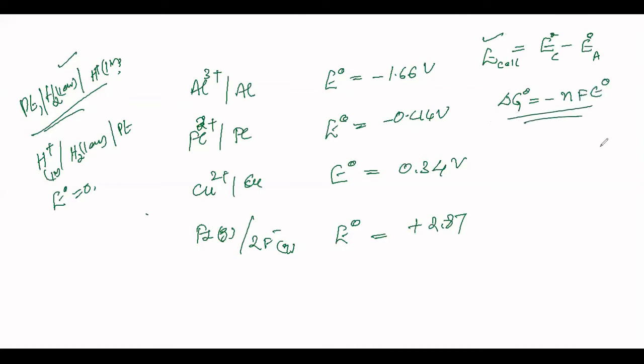Any reaction becomes feasible only when delta G0 is negative, which means the E0 of the cell has to be positive. If so, then the E0 of the cathode must be greater than that of the anode. So, only these two will act as anode, these two will act as cathode, and hence your correct option has to be option 4.